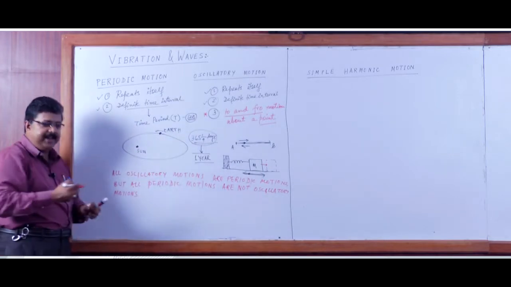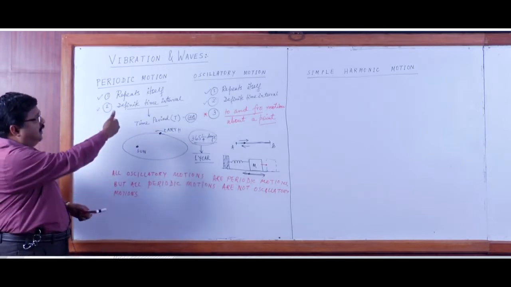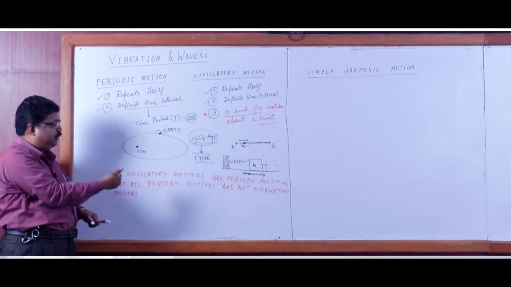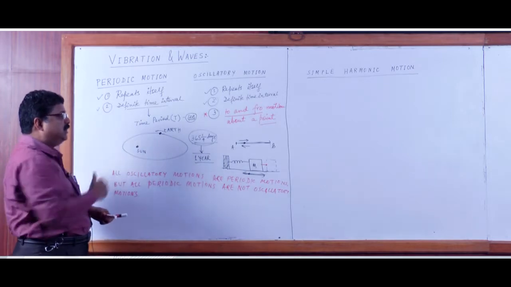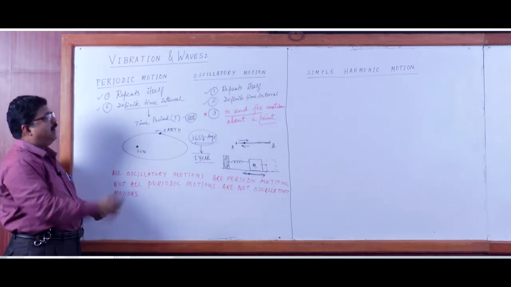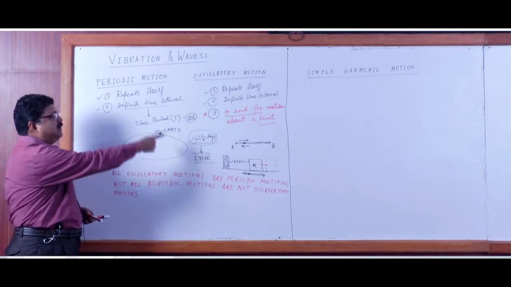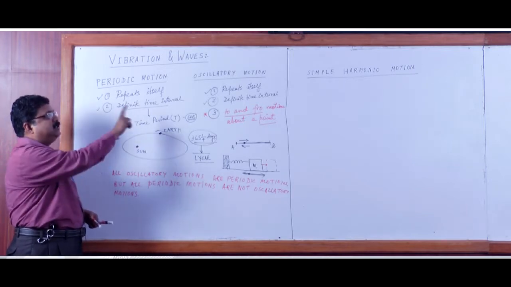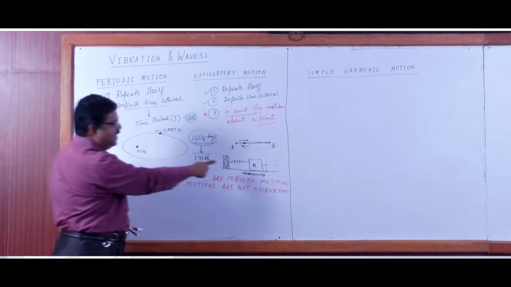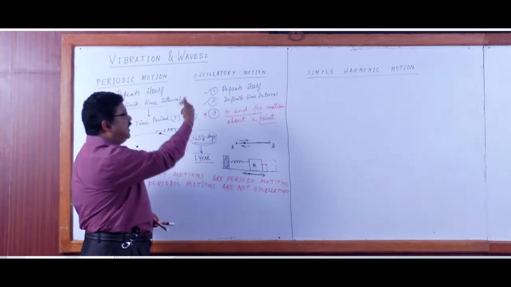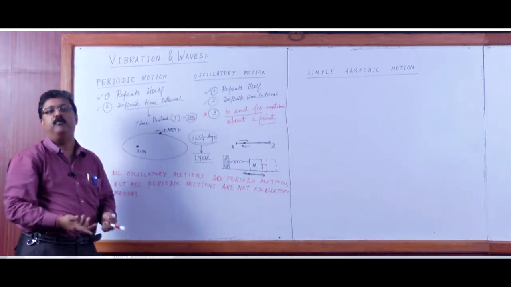So this is a very important statement. This is the inference or the conclusion that we draw, that all oscillatory motions are periodic motions, but all periodic motions are not oscillatory motions. Like the earth moving round the sun is a periodic motion, but it's not an oscillatory motion. But in this case, the mass that is vibrating is an oscillatory motion, which is of course a periodic motion.